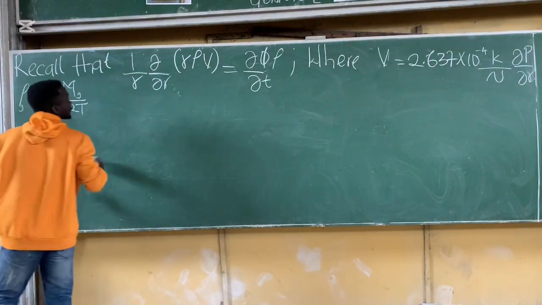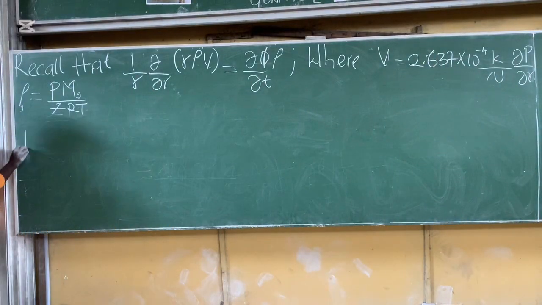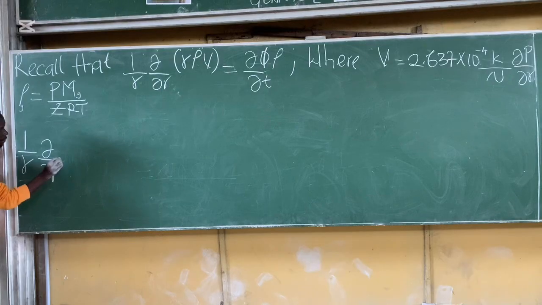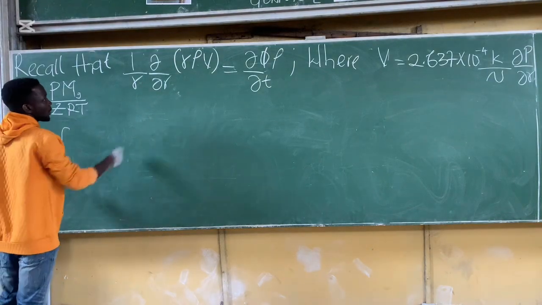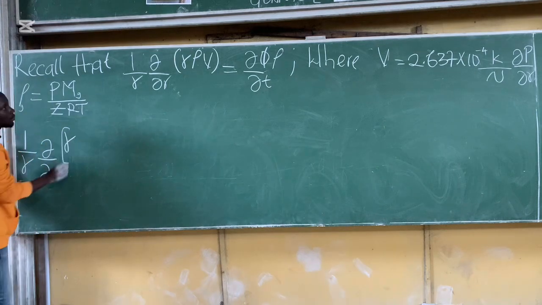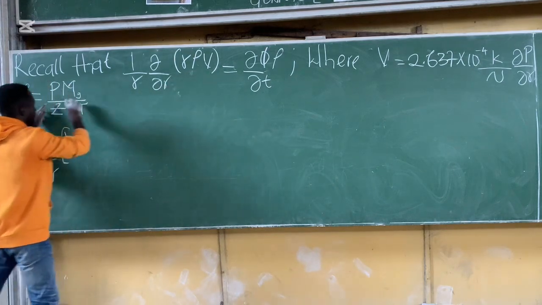So let's start. This will give us 1 divided by r, d/dr of r, then we have density. What is our density here?